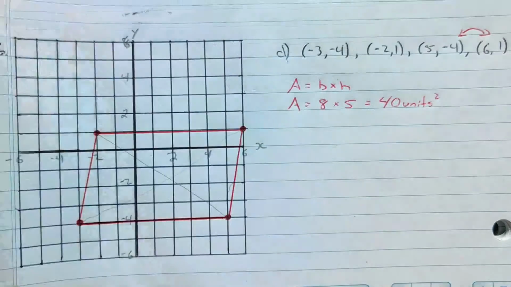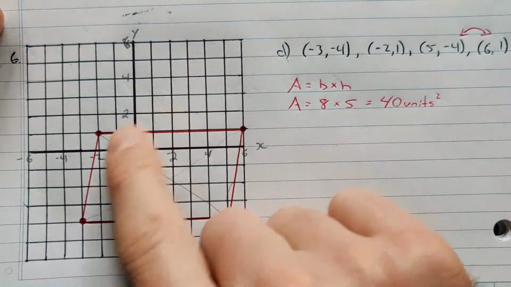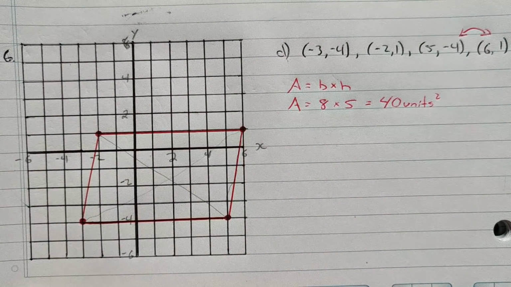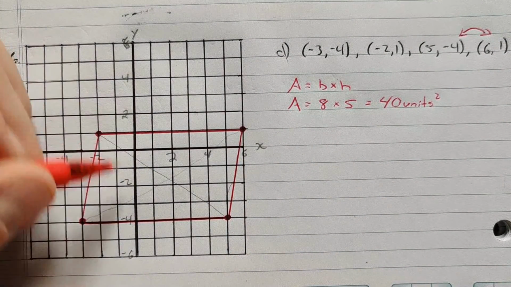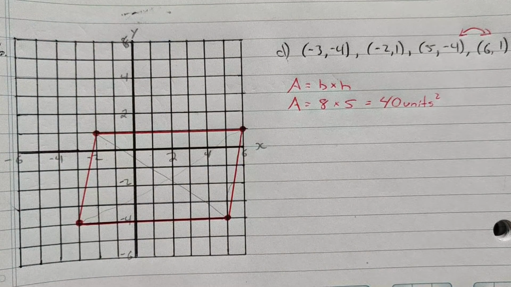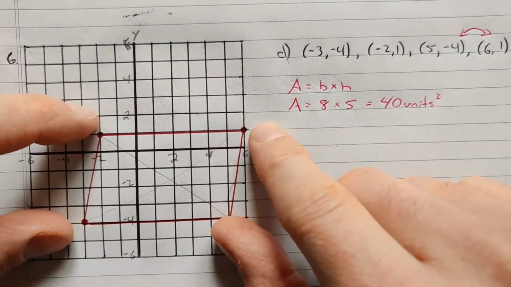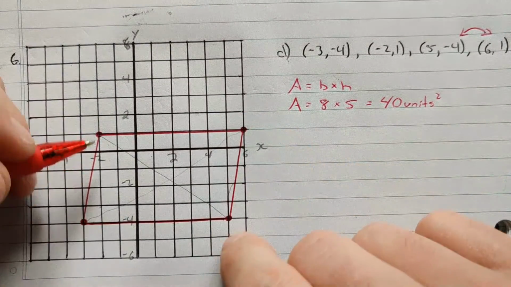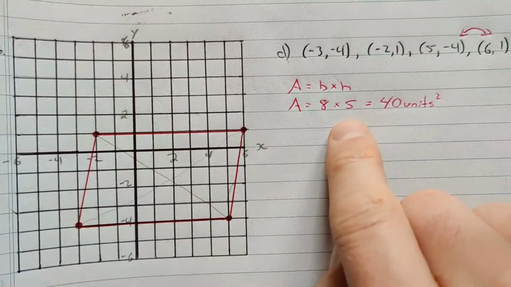units squared. And if this was a square, you could actually count out the number of squares inside to find the area as well, and that would be evidence of the idea that an area is made up of a whole bunch of little squares. In this case, because it's skewed, and again why I picked it, we can just count the number of squares for the base and height.